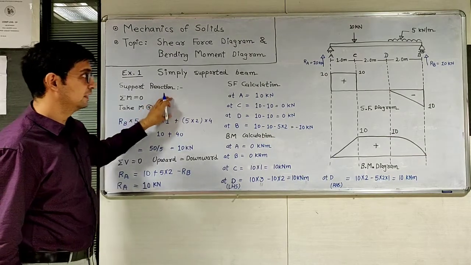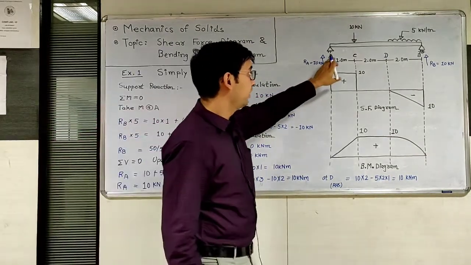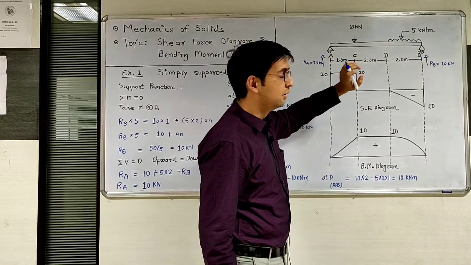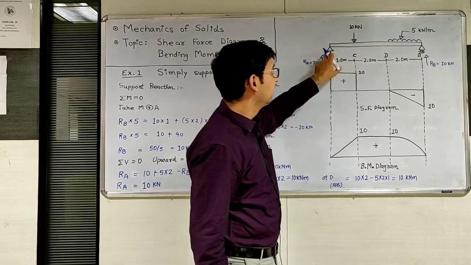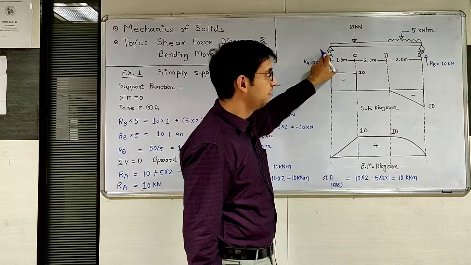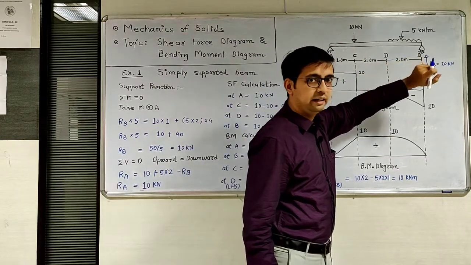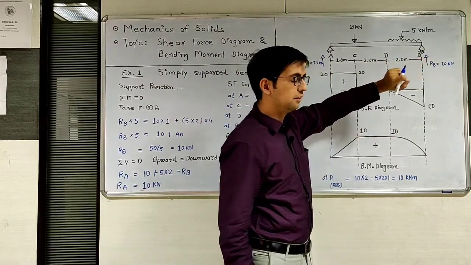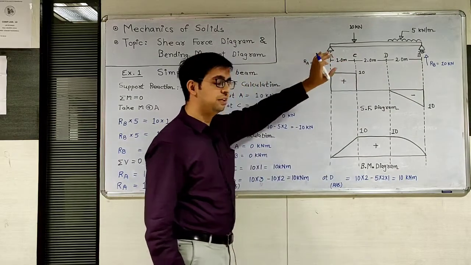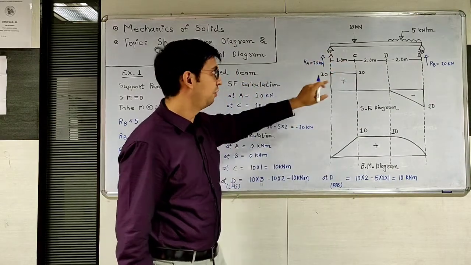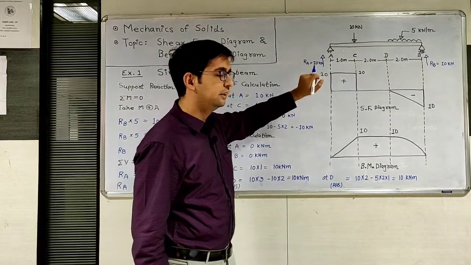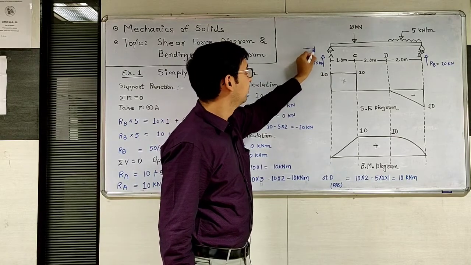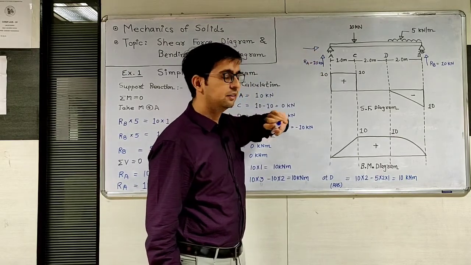For support reaction calculation, we need to understand the support conditions. Here on the left hand, a hinge support is given and on the right hand, a roller support is given. Hinge support will generate two reactions: first a vertical reaction and second a horizontal reaction.